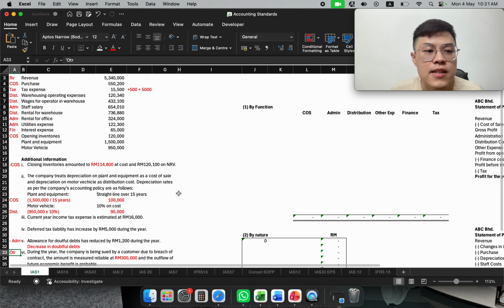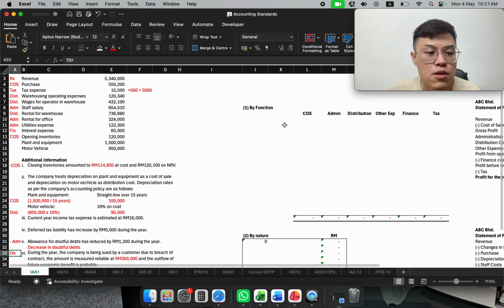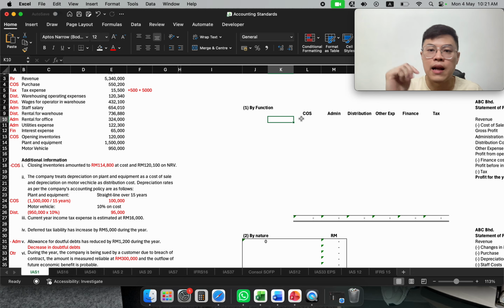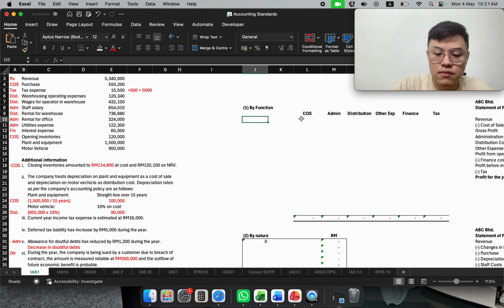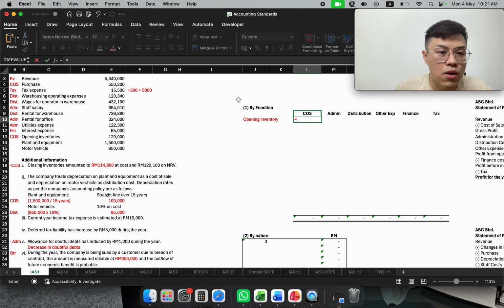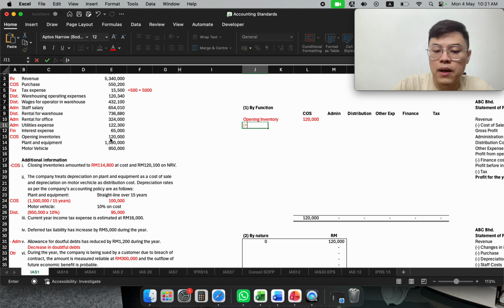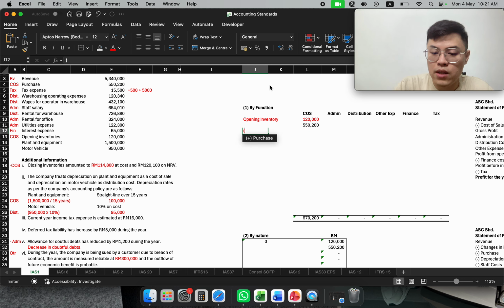So with that, let's start with by functions. Our cost of sales will start with the most classic formula that we learn in the statement of profit or loss. We will start with our opening inventory. So this opening inventory will be over here, and we will need to add our purchases of 550,200, and we will need to minus our closing inventory.